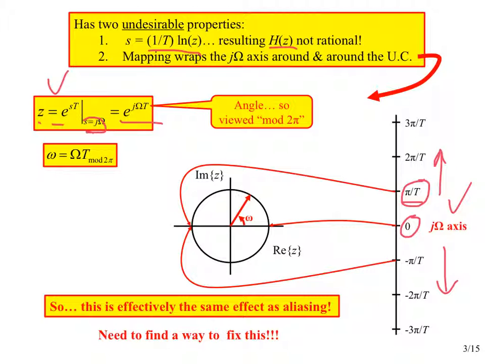Okay, so 0 maps to 0, obviously. Pi over t maps to pi. Minus pi over t maps to negative pi.